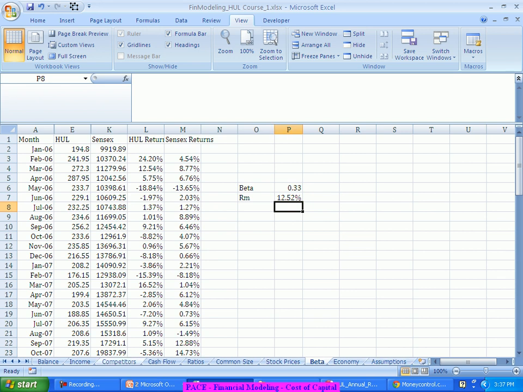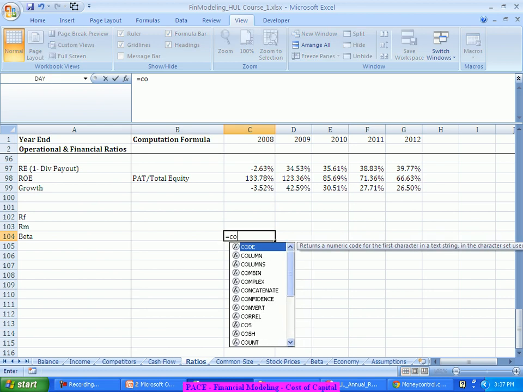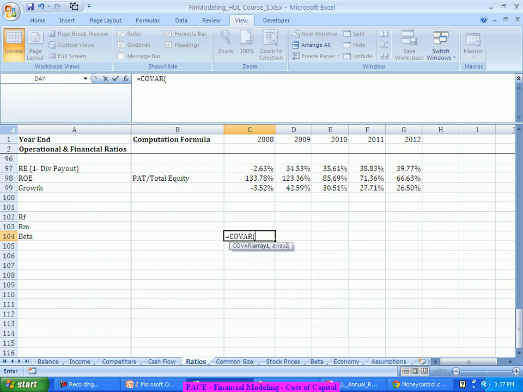I will come to this sheet. So the beta, see here, if I want the beta of each of the months separately or each of the years separately, I have to do that same exercise, covariance by variance. See, this is 2008, financial year ending 2008, which means 2007 April to 2008 March.